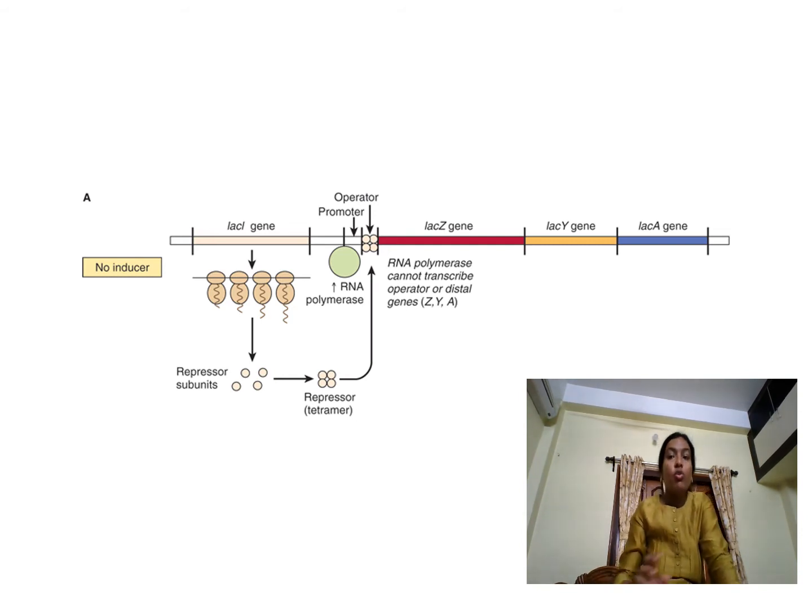So there is no synthesis of lac Z, Y and A, that is the beta galactosidase, galactoside permease and galactoside transacetylase enzymes. So there is no metabolism of lactose. There is no lactose, so there is no need of synthesizing this enzyme.